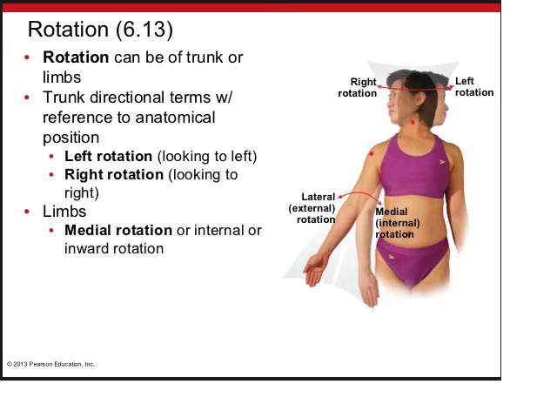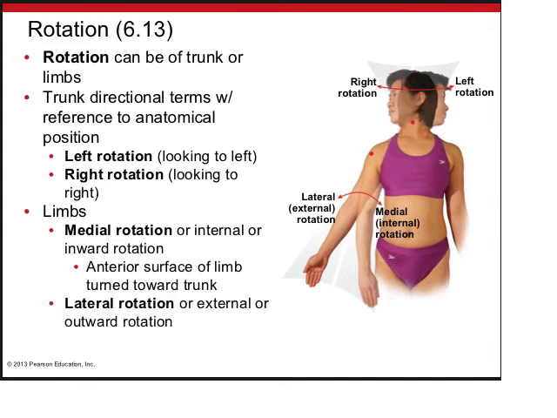In the limbs, medial rotation is internal or inward rotation, where the anterior surface of the limb is turned towards the trunk, and lateral rotation is external or outward rotation, where you return basically to anatomical position.